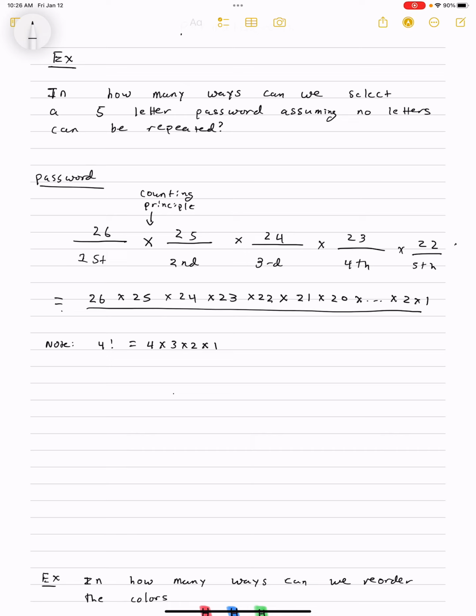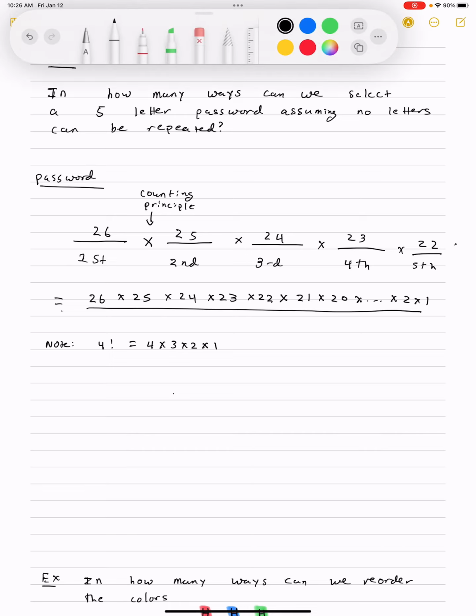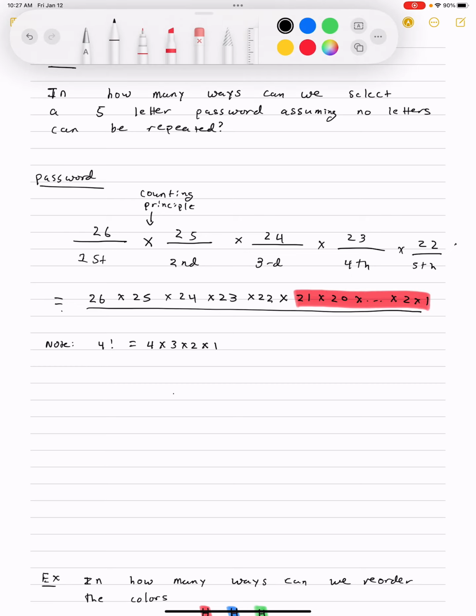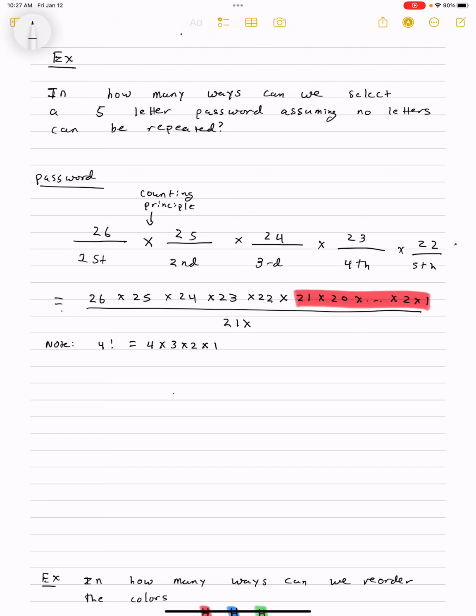Okay. Now, we don't have anything that is, for example, less than 22. So all of this stuff doesn't need to be there. We can remove all of that stuff by dividing by 21 times 20 times 2 times 1.